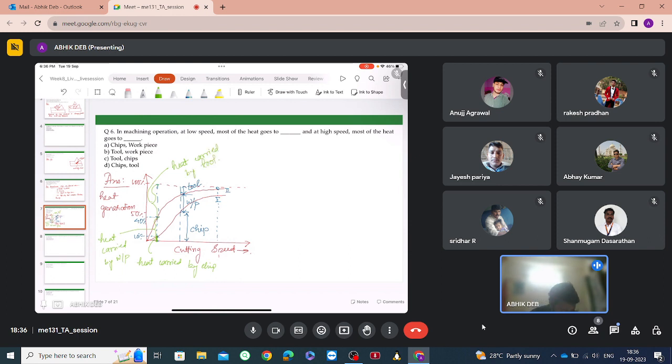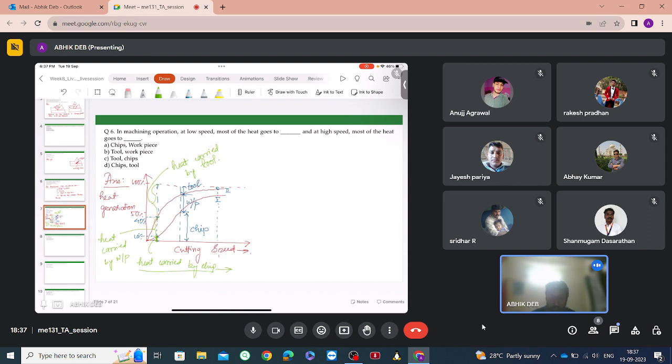So what is the heat carried by the chip in this case? Tell me, anybody, just tell me. If this is 10%, then what is the heat carried by the chip? So 30. Why are you subtracting 40 minus 10?